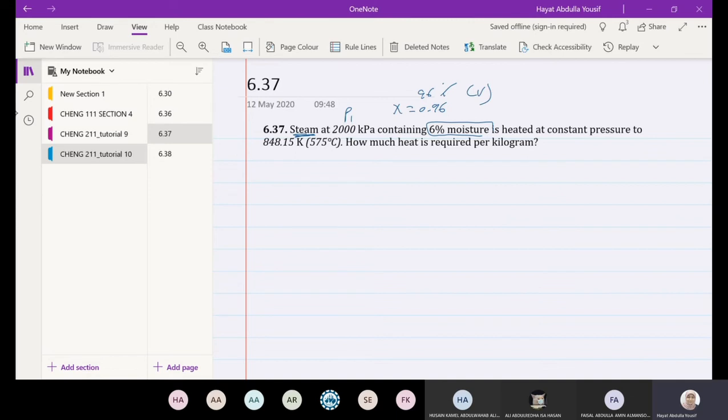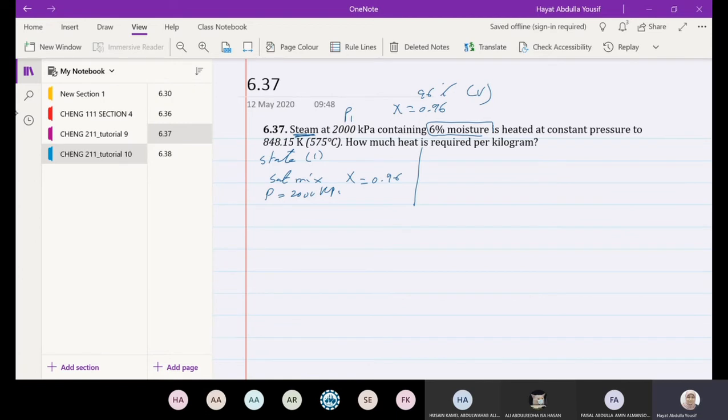State number 1 is well defined, because I know it is a saturated mixture, since the quality is given and the pressure is given. Once I know the quality, we can define any property from the thermodynamic table and substitute to get the exact value.